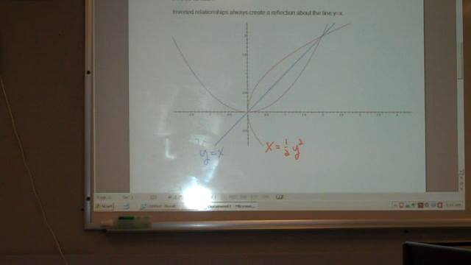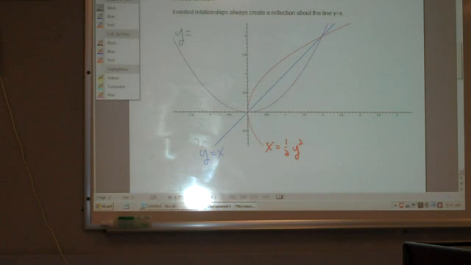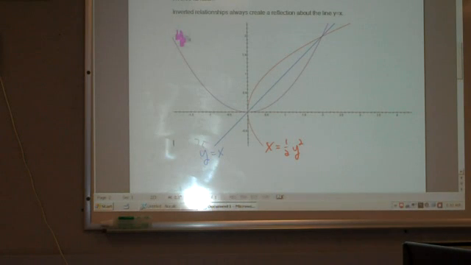This red one is x equals 1/2 y squared. That's the line y equals x, and I don't really have a purple, so it'll have to be in black. And this one is y equals 1/2 x squared.